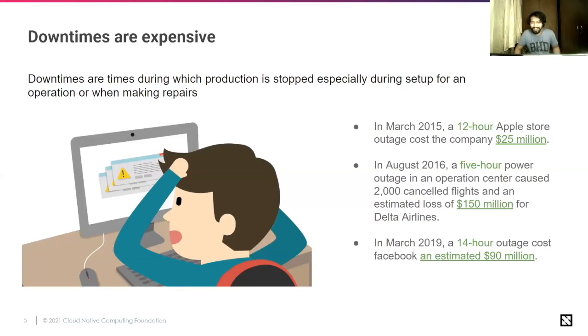I'm sure they are practicing chaos engineering right now. And then Facebook, $90 million. These are examples of outages which have led to high operational costs and demanding repairs. That is where the factor of downtimes comes into play.